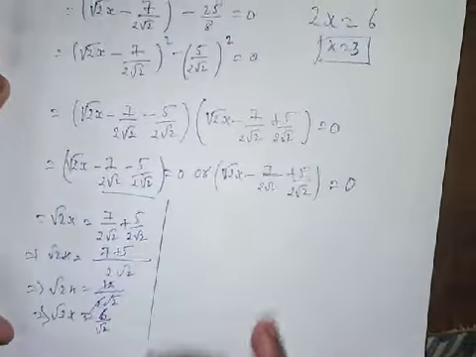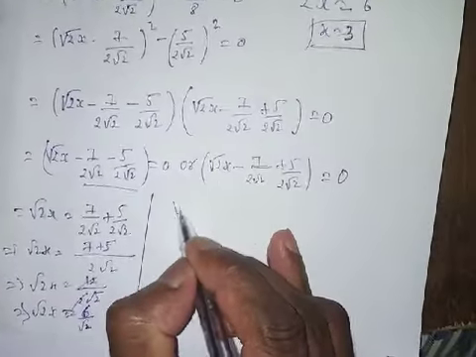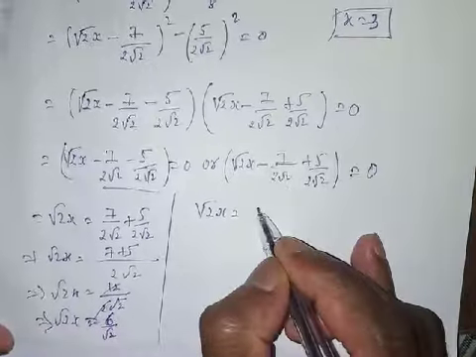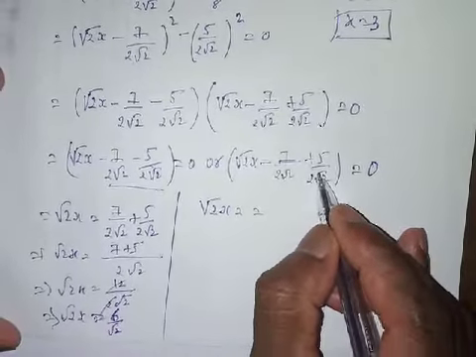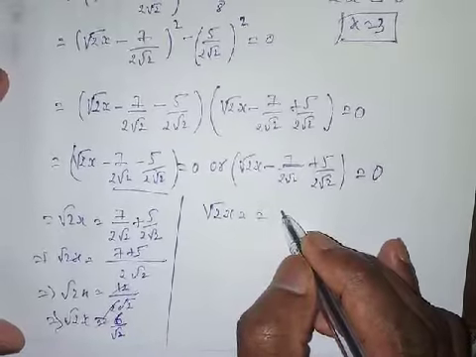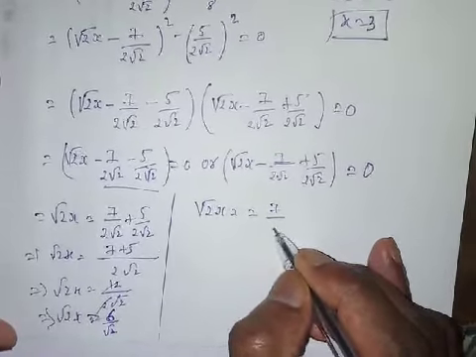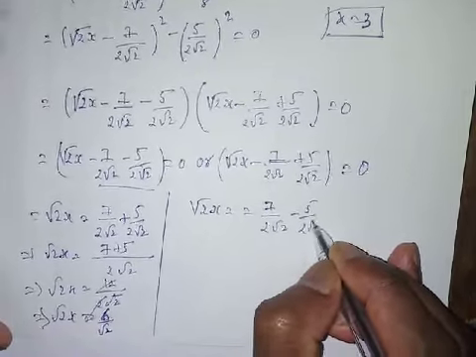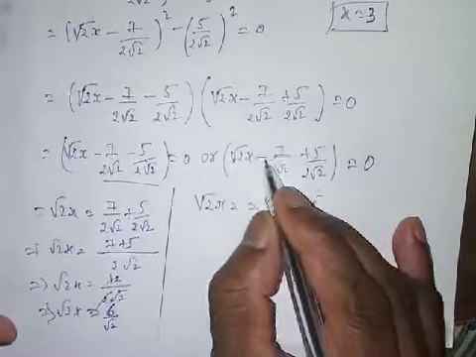Second, the same way here: root 2x is equal to, this will go on that side, it will become plus, and this will become minus. So we can say 7 upon 2 root 2 minus 5 upon 2 root 2, this is equal to 0.